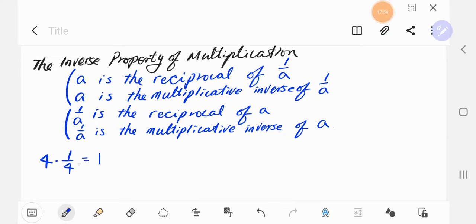You have a number 4, and you're multiplying this 4 by 1/4, and this number is the reciprocal of number 4. So let's say a is a number, then 1/a is a number, and a will be the reciprocal of 1/a.